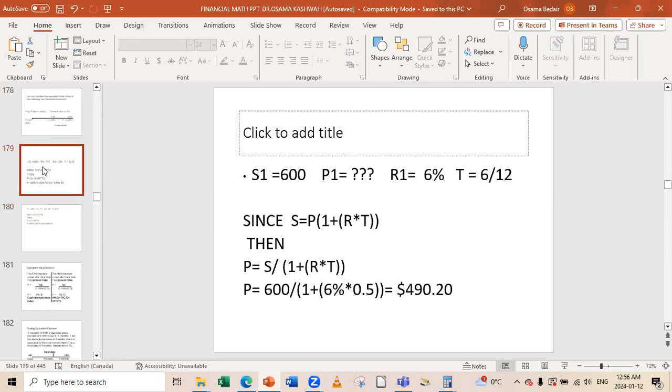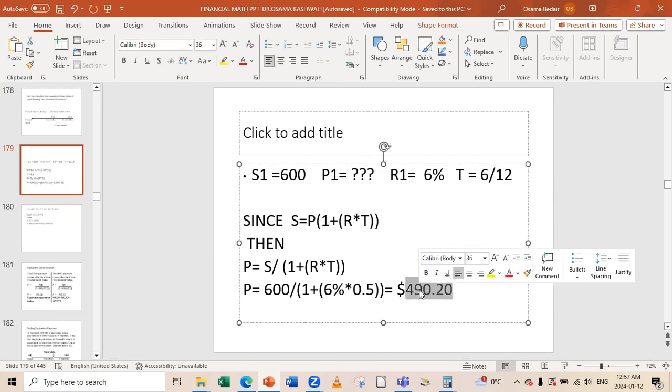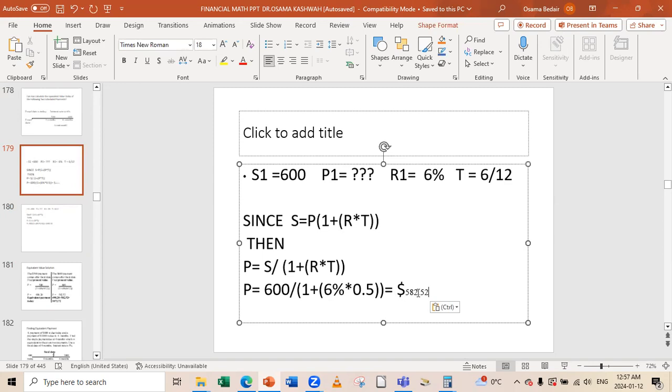So here, 600 divided by this amount, the result will be $582.52.